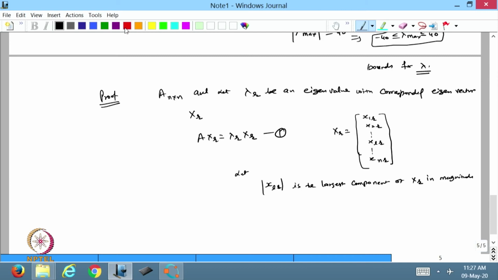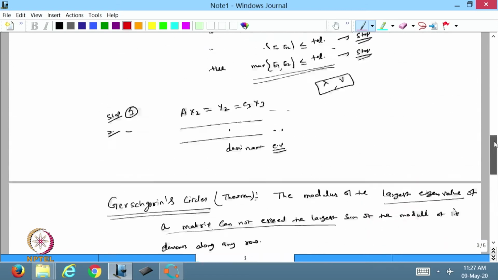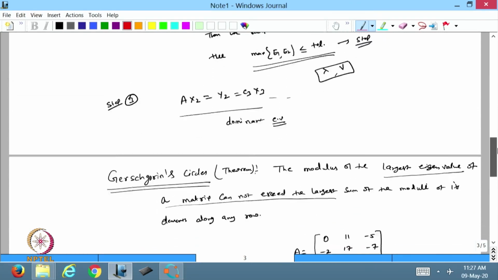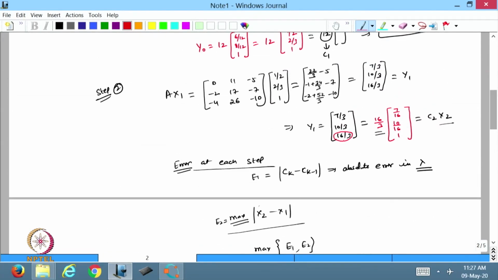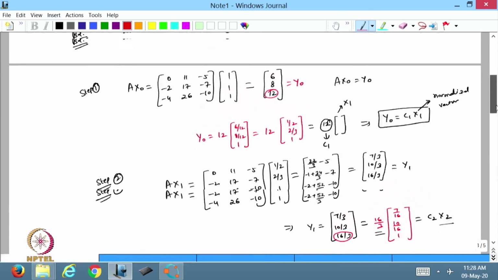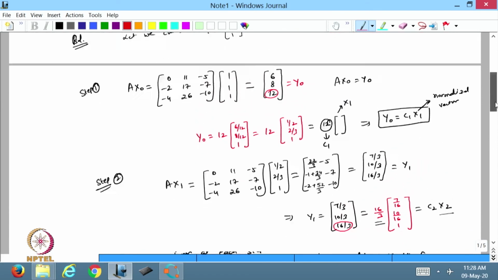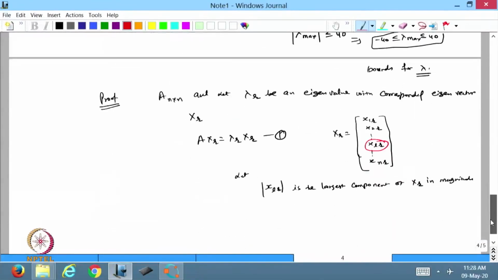So, suppose this is the largest component, like in the previous example we have seen, like 16 by 3 earlier, 12. So, this is the largest component, and that is why L has been taken. So, this x l r means this is the rth vector and L is the largest component of this one.